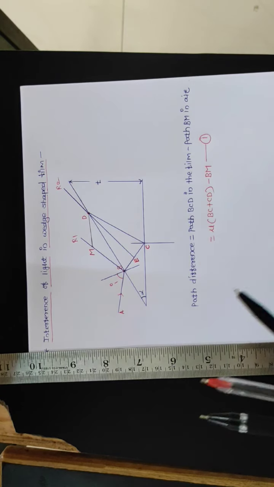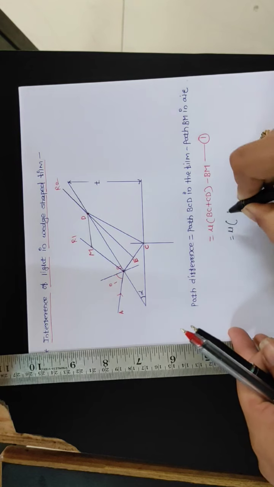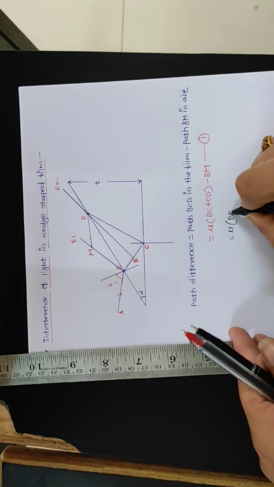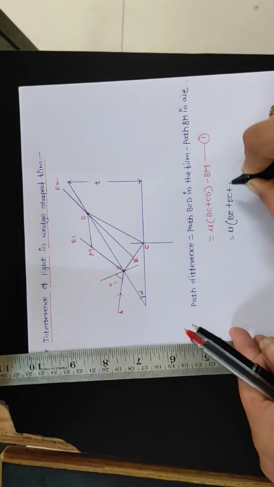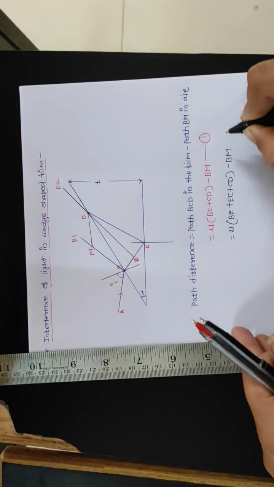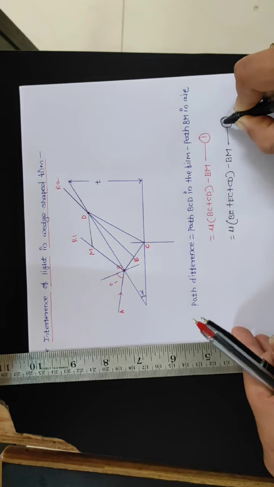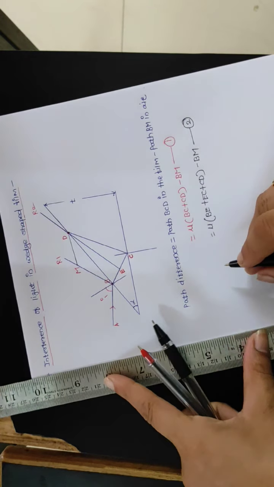So here we put mu into BE plus EC plus CD minus BM. Give this equation number 2.